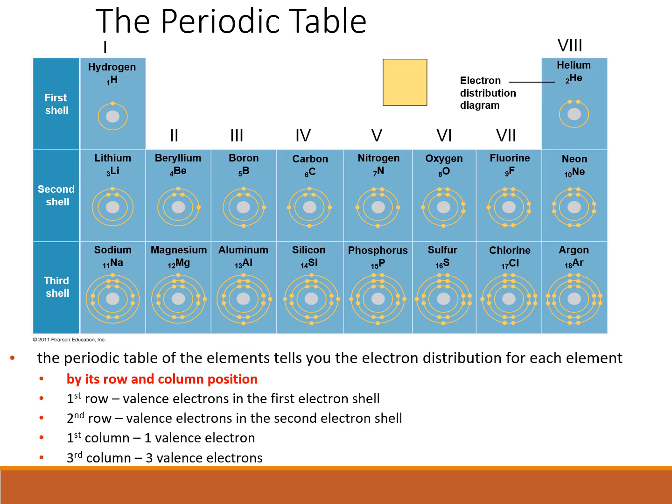So for example, if you're in the first row, you have 1 electron shell. If you're in the second row, you've got 2 electron shells. Third row, 3 electron shells. If you're in the first column, you have 1 valence electron in the outermost shell. If you're in the second column, you've got 2 electrons in the outermost valence shell, etc., etc.